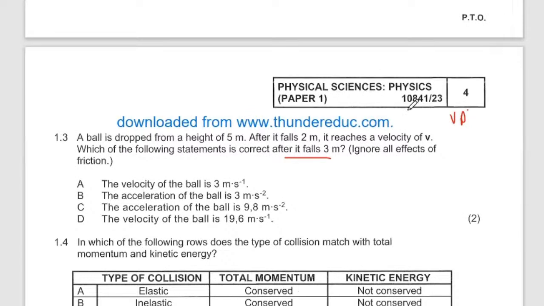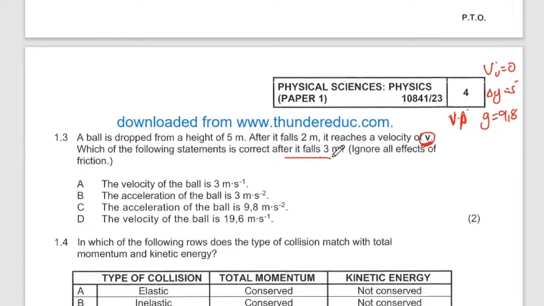Okay, so since it's vertical projectile motion, we know that our initial velocity is 0 since the ball was just dropped. The acceleration due to gravity is 9.8 meters per second squared.